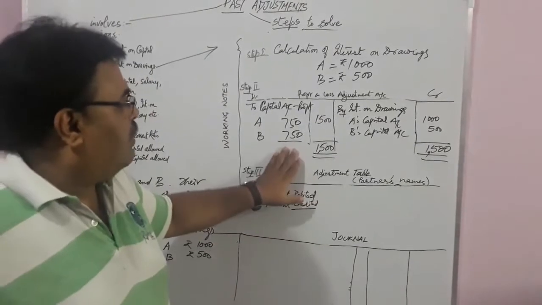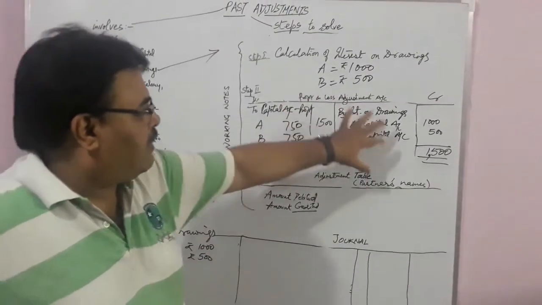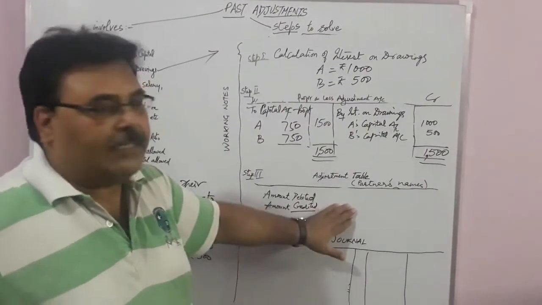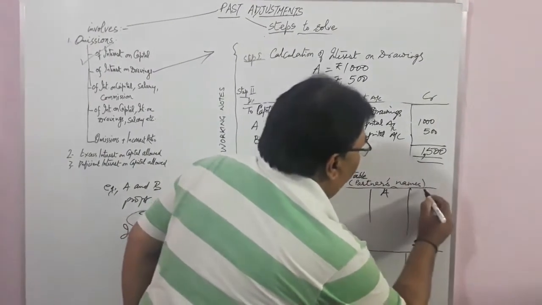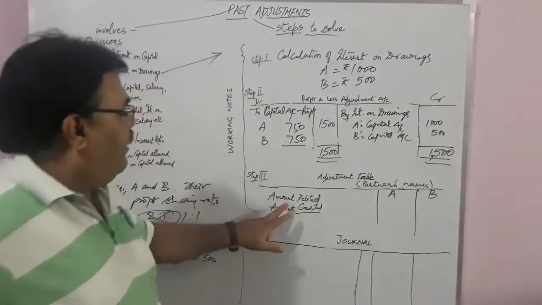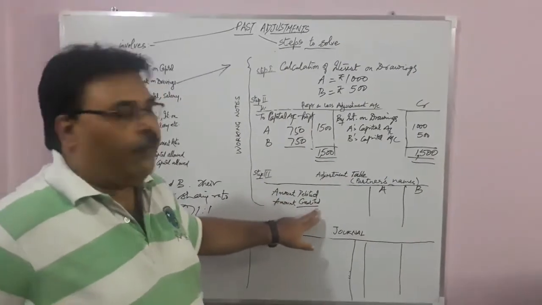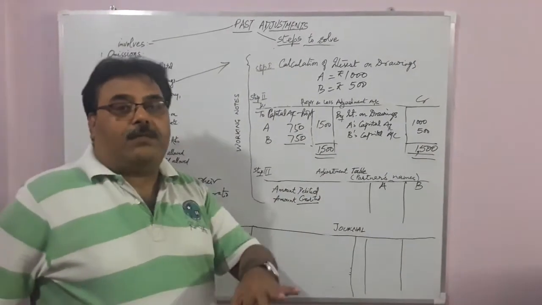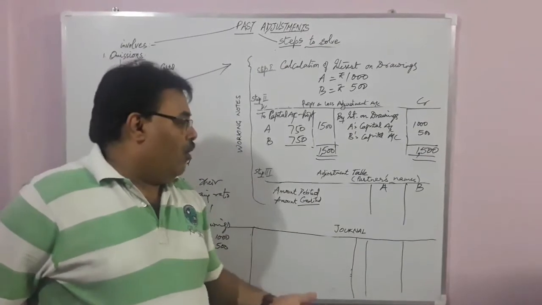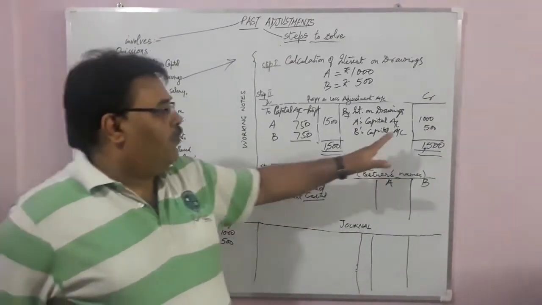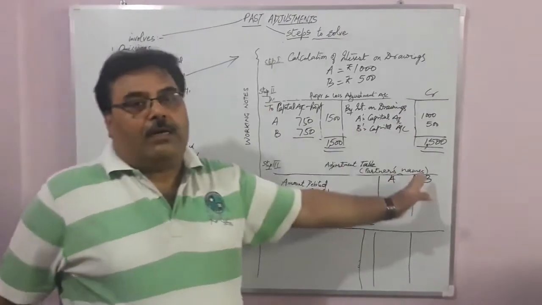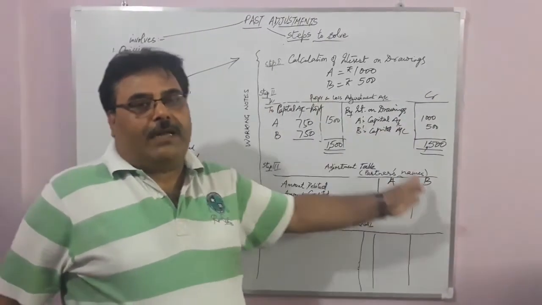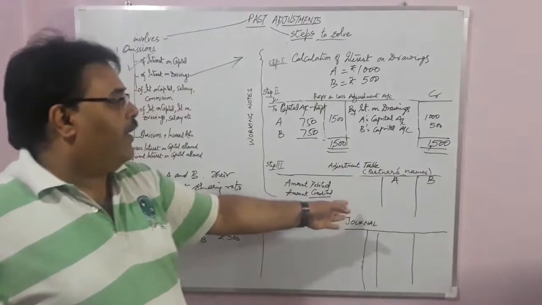Now I am transferring or posting these items in the adjustment table. I am preparing two columns here for A and B. I have already written here amount debited and amount credited. In the previous video I have already discussed it. Because we are doing the double entry system, we have to cross the entries into different accounts.